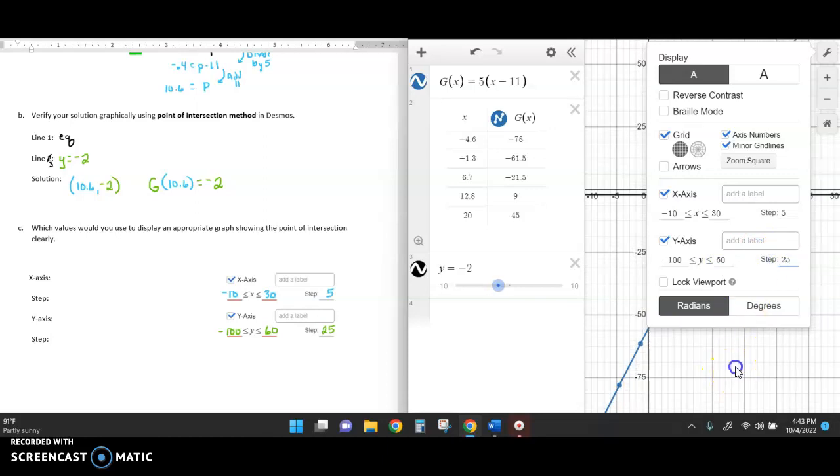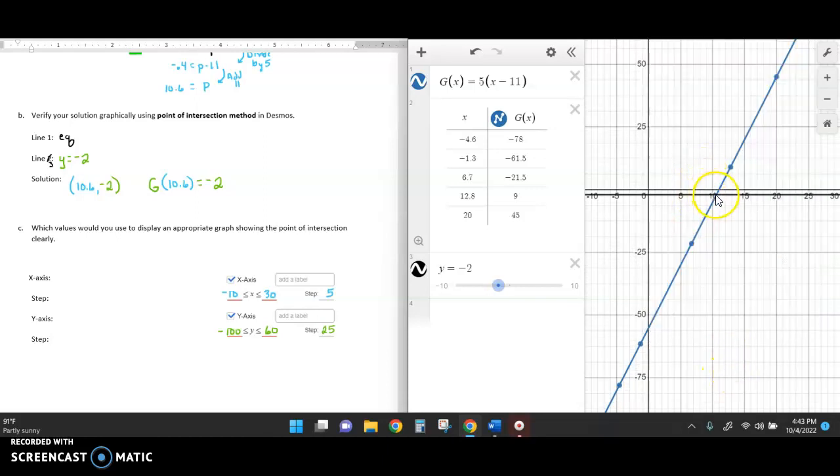And when I click off, I should easily see my intersection point there. Notice when I clicked on the graph, I could find my horizontal intercept. It also gives me my vertical intercept if I were looking for my vertical intercept as well. But right now I'm looking for where the y equals -2 line intersects to find my input value.